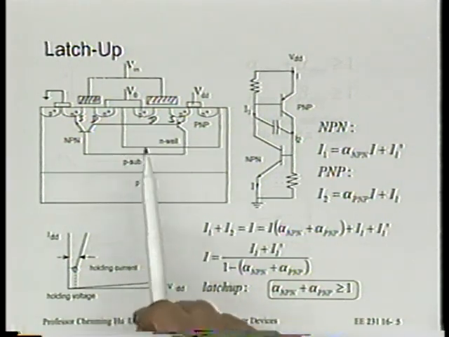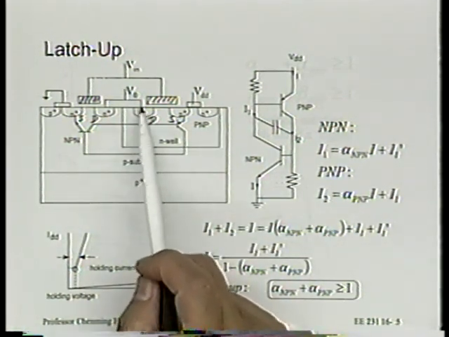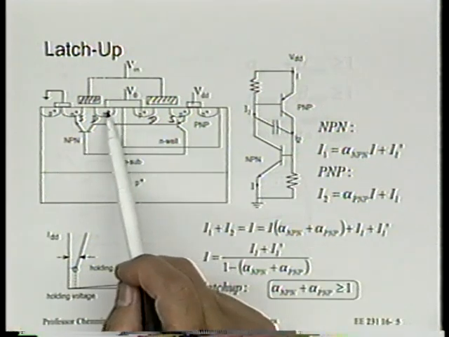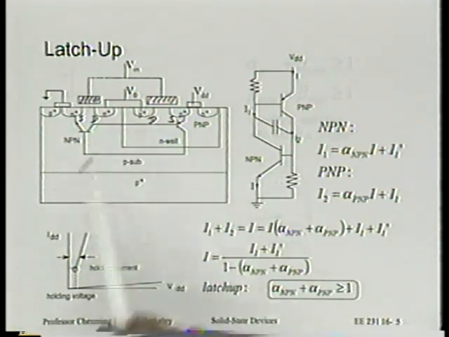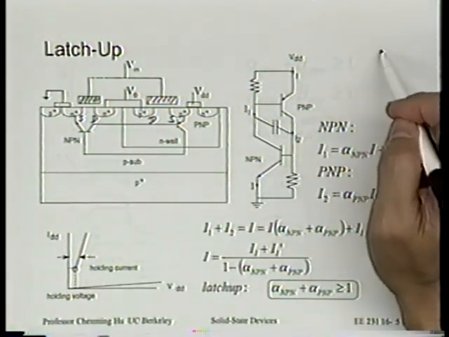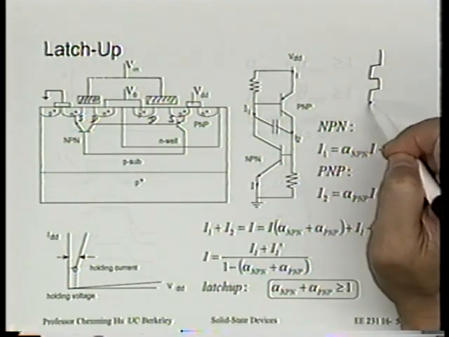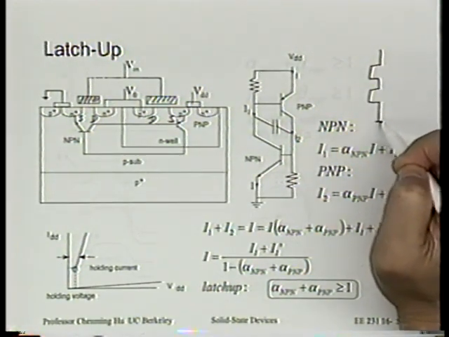The drains of these two transistors are connected together and called output.